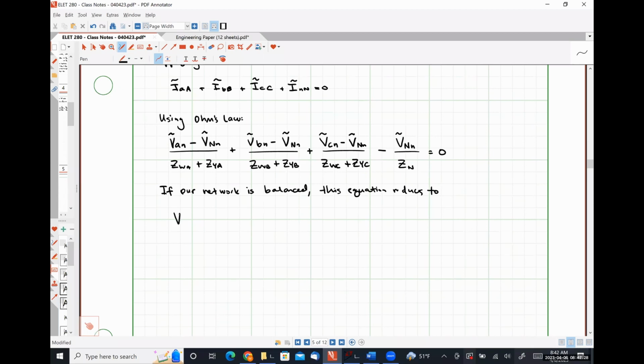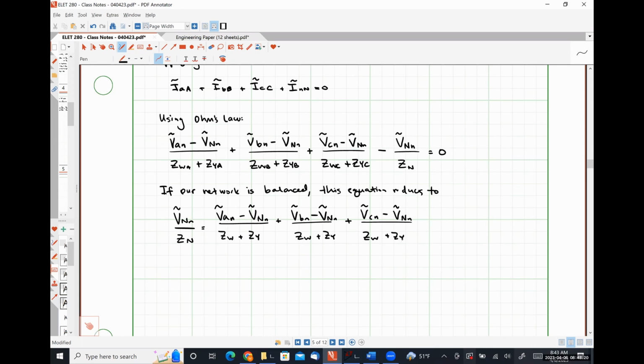So if I move the VNN over ZN term to the left-hand side of the equal sign, I'm going to have VAN minus VNN over ZW plus ZY, VBN minus VNN over ZW plus ZY, and VCN minus VNN over ZW plus ZY.